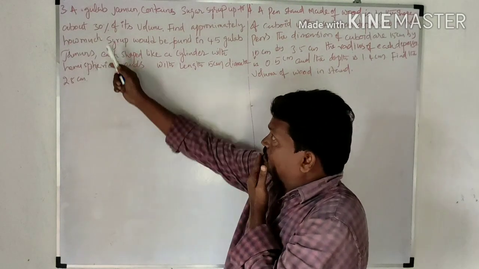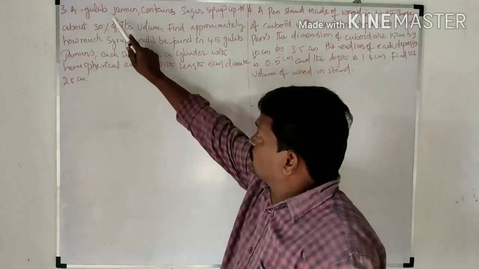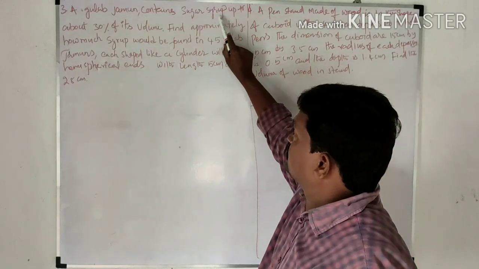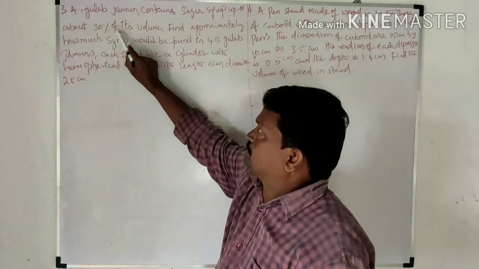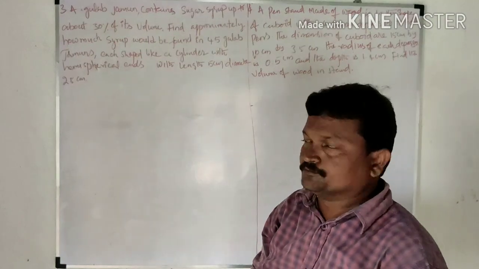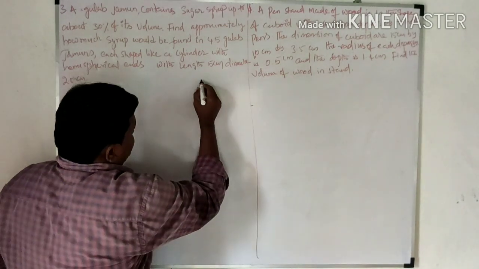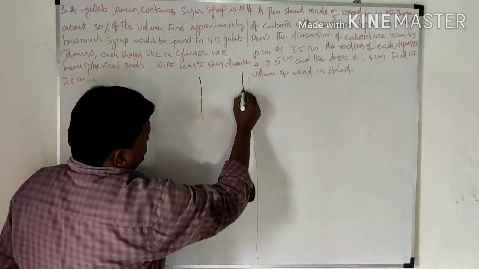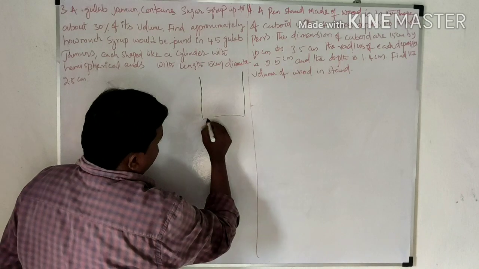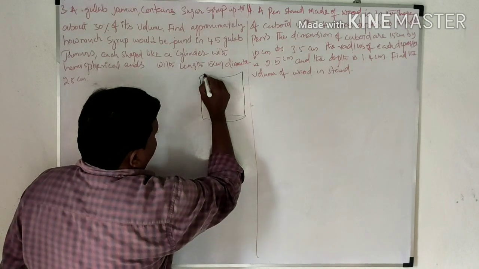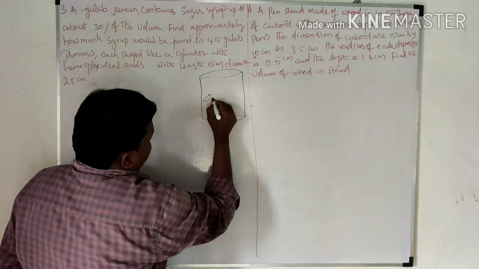Okay, now let us solve question number 3. A gulab jamun contains sugar syrup up to about 30% of its volume. So there is a container in the shape of a cylinder, and in this cylinder some gulab jamuns are there.